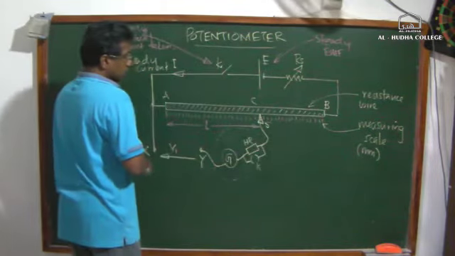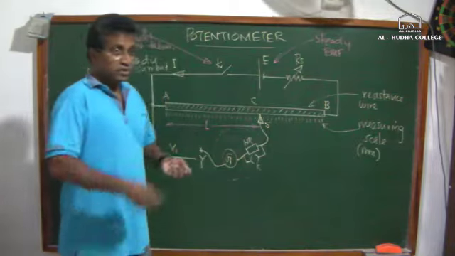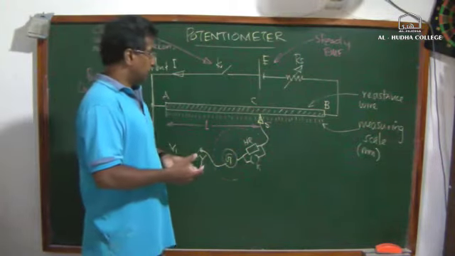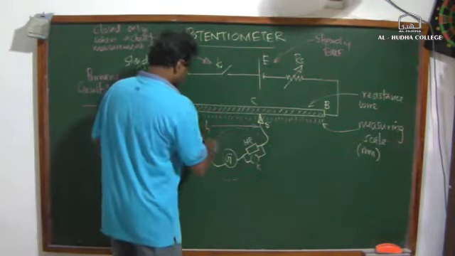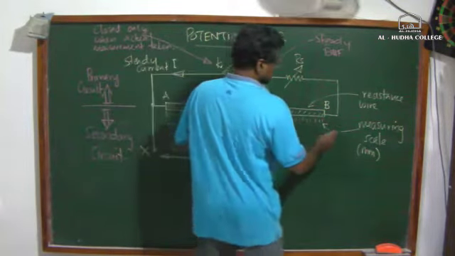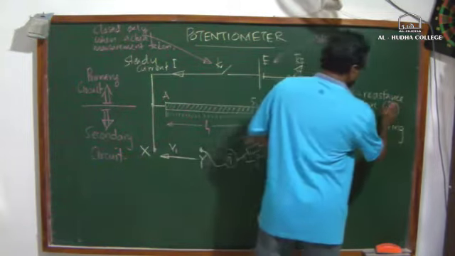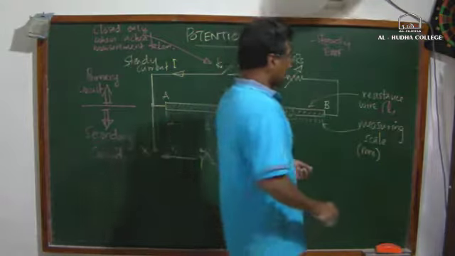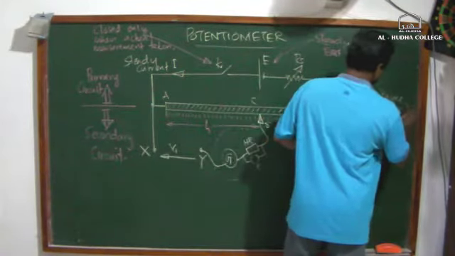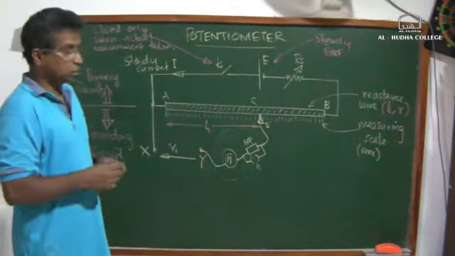Now, because the current is flowing and there is a resistance, say the length of the resistance wire is L, and it has a resistance per unit length R. Even if it is not known, you can calculate it.